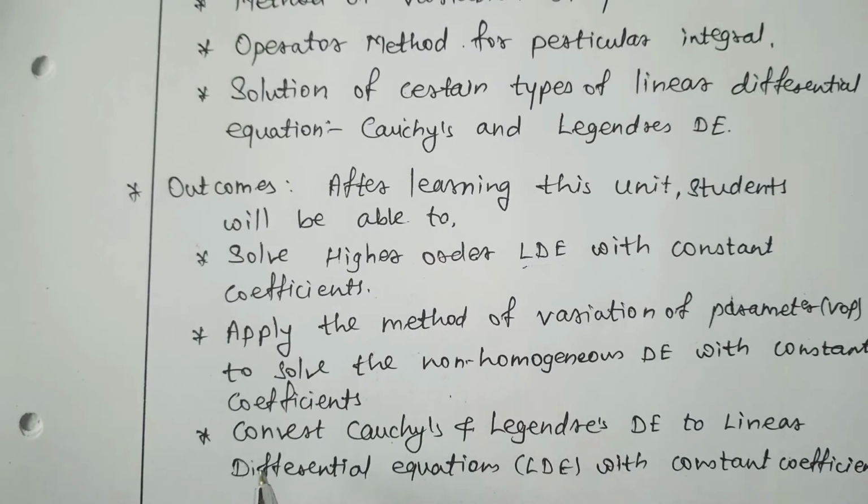After learning this unit, you will be able to convert Cauchy's and Legendre differential equations to linear differential equations, in short LDE, with constant coefficients. These are some learning outcomes of this unit.